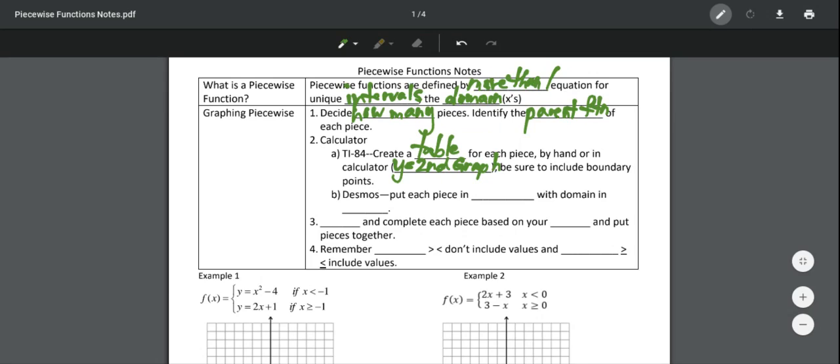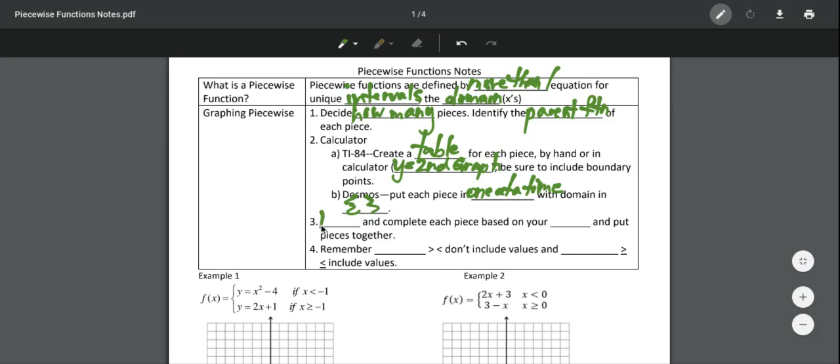Be sure to include the boundary points. In Desmos, we would put each piece in one at a time, with the domain in these funky curly brackets.